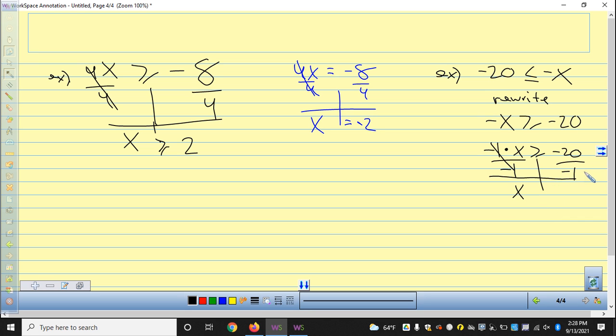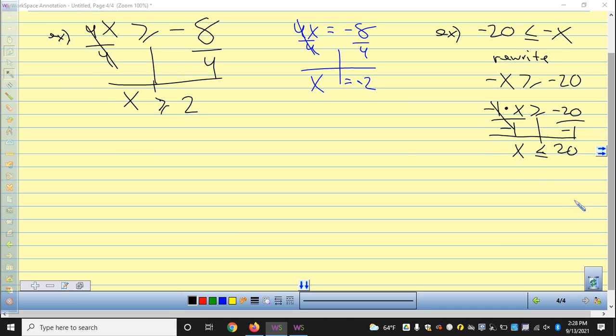I divided both sides by a negative, so I have to switch the arrow, and negative divided by a negative gives me a positive. So x is less than or equal to 20. All right, questions here?